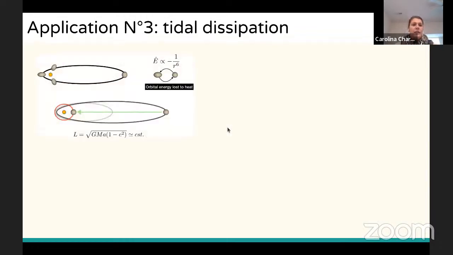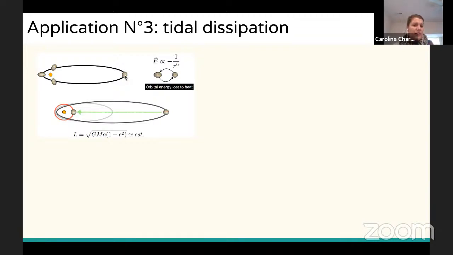A different application that we can study dynamically is what happens once the disk is dissipated. So once the disk dissipates, let's say that we end up with a planet which is far away from the star but in an elliptic orbit.